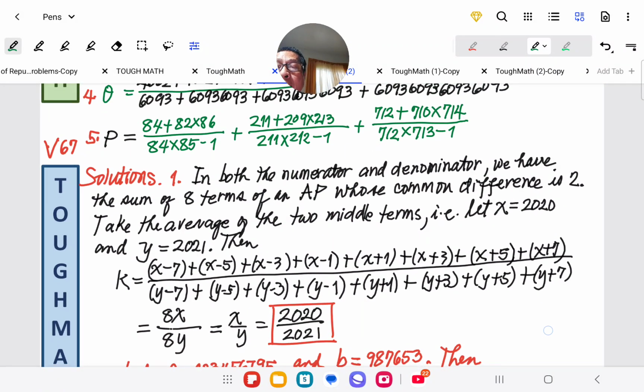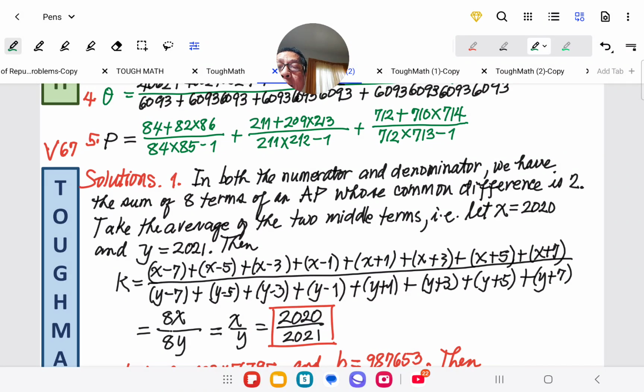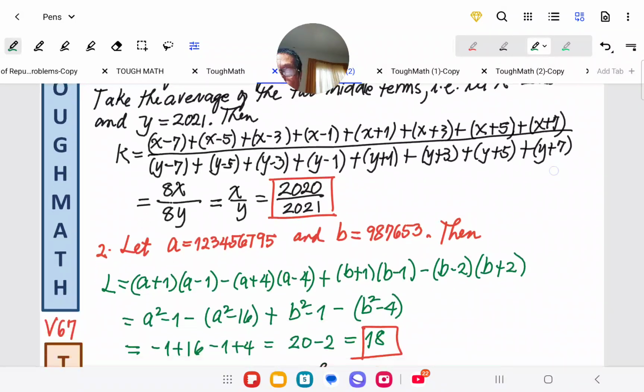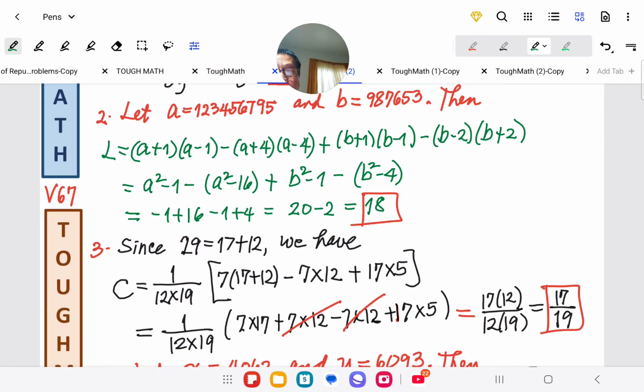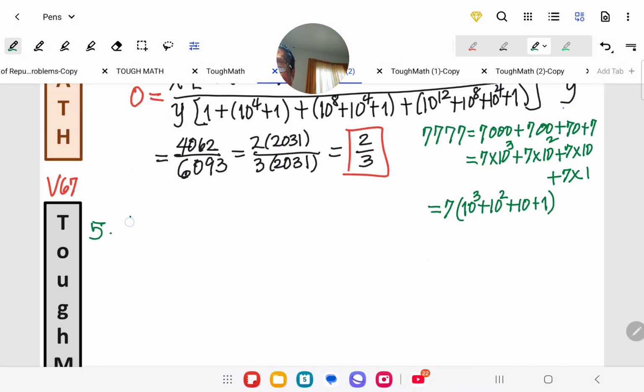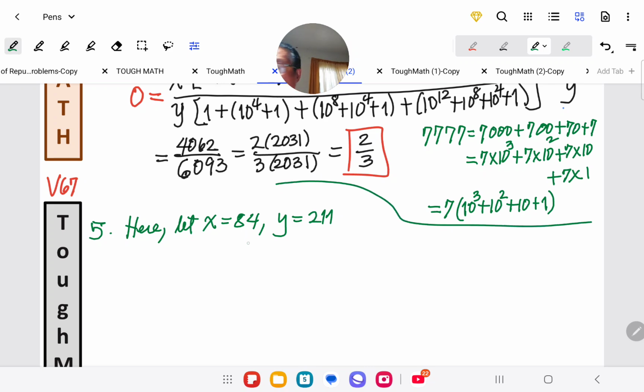So here let x be equal to 84, y equals 211, and z equals 712.